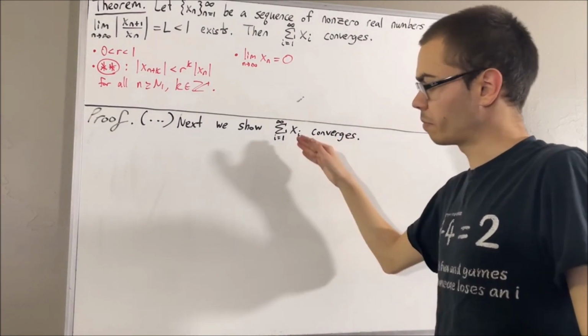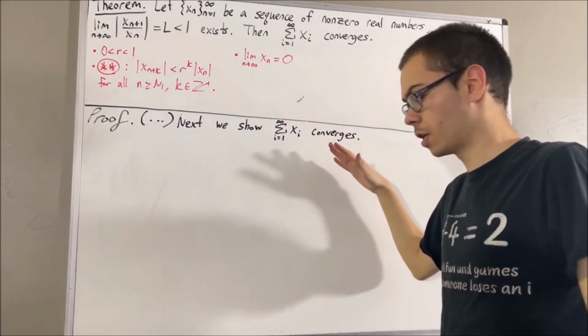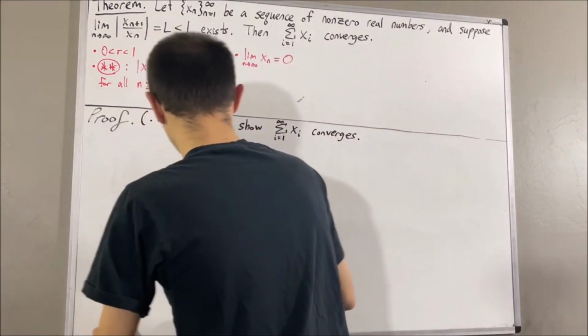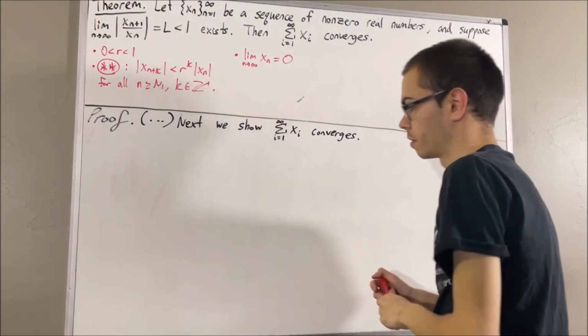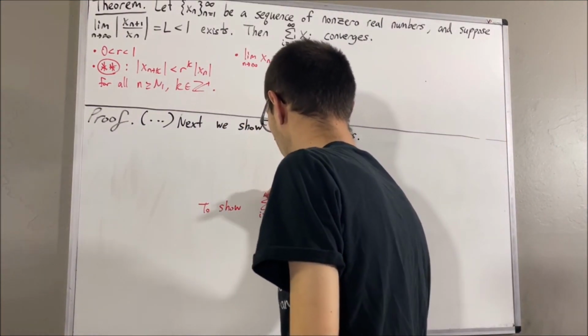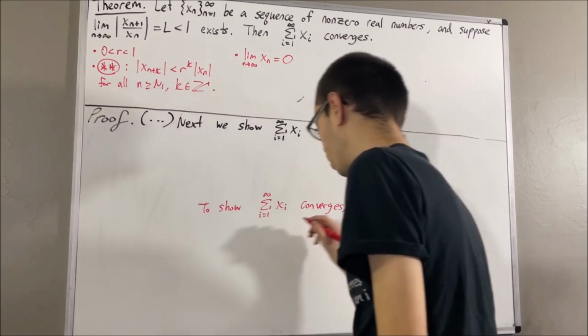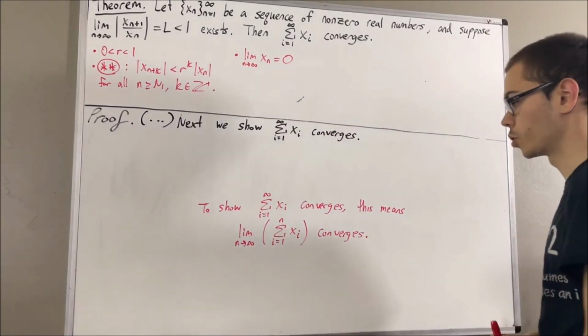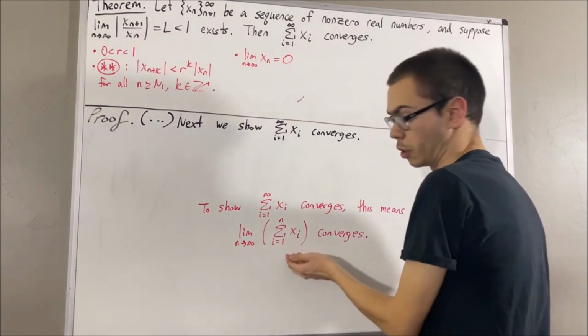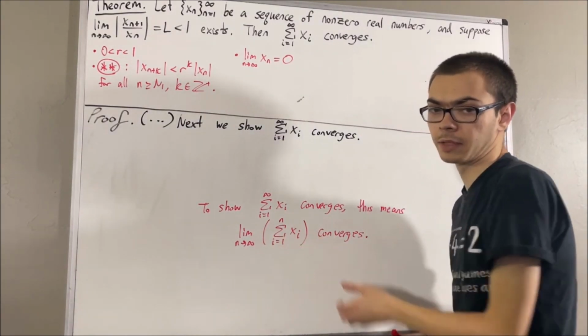Now, what does it mean for an infinite series to converge? Well, by definition, it means that the limit of the sequence of partial sums converges.